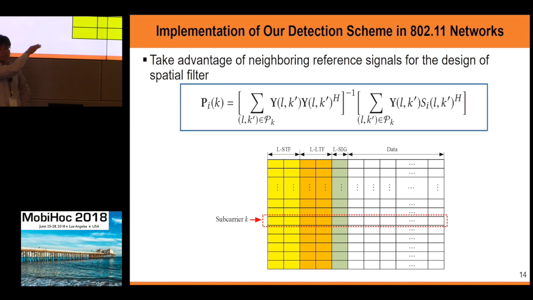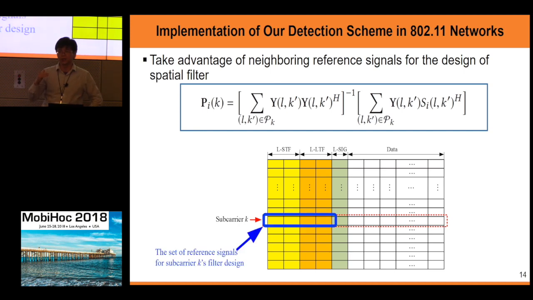We want to decode the signal for subcarrier K, so we design this filter. Here we only have 4 reference signals in the short training field, 2 OFDM symbols, and in the long training field, 2 OFDM symbols, so 4 reference signals. This is not enough, right? How can we solve this problem?